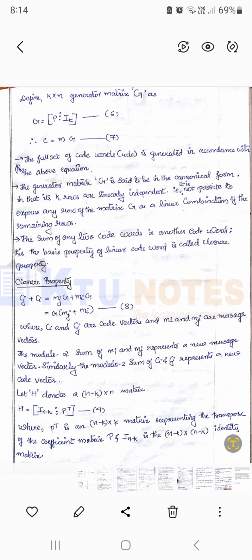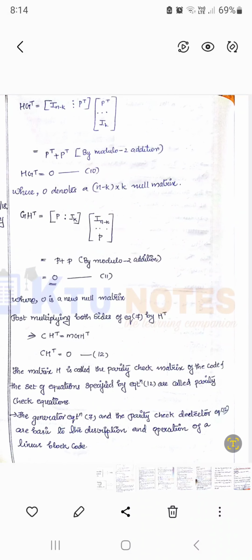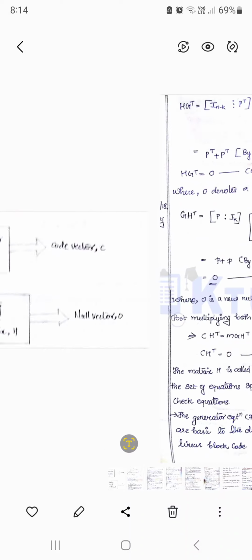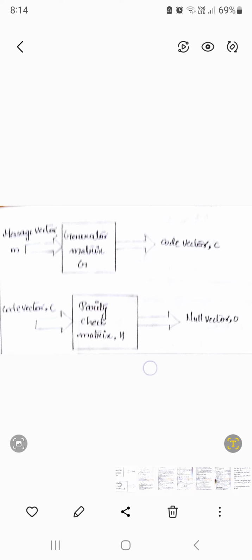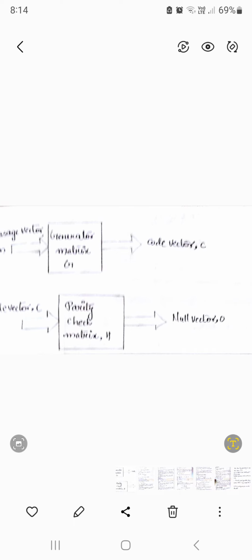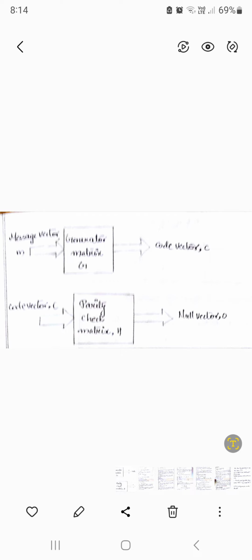Now, if we give a message vector m to the encoder, we get the code word. If you give a message vector to the generator matrix, we get the code vector as the output, equal to mG. Then if you give a code vector to the parity check matrix, that is C H transpose, we get a null vector 0.